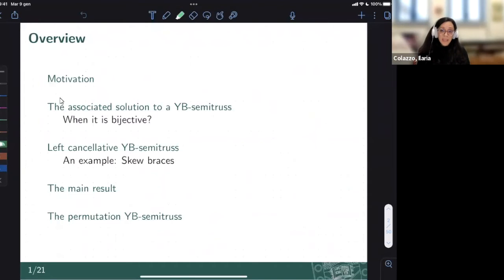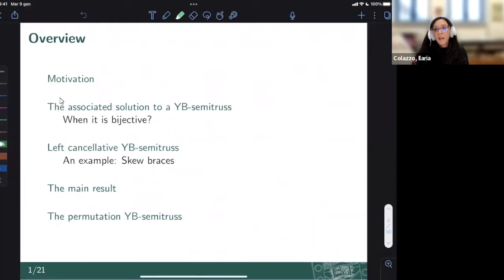We will see that for a YB-semitrusses, based on the fundamental defined operation of the YB-semitrusses, we can immediately recognize if the associated solution is bijective.